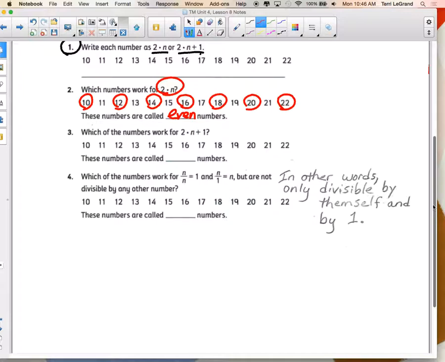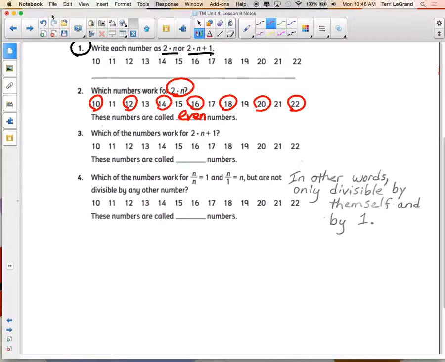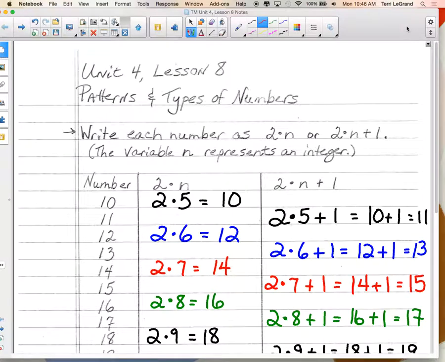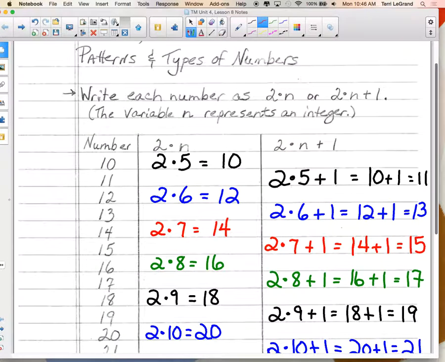I'm going to go back to my table, and you look over at yours. Notice, did that integer have to have any special quality? 5, 6, 7, 8, 9, 10. Were they evens necessarily, or odds, or any special quality? No, they were just integers, weren't they? So 2 times any integer will give us an even number.